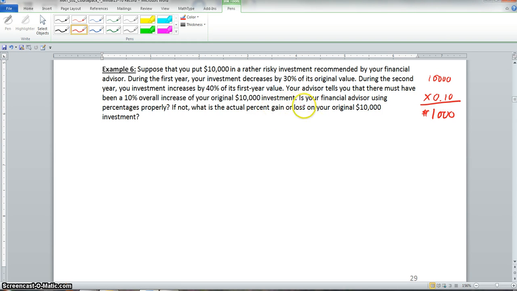So basically what would have to happen is, at the end of the second year, you would have to have at least $11,000, because that would show that you had a $1,000 increase, which is what you were supposed to have.